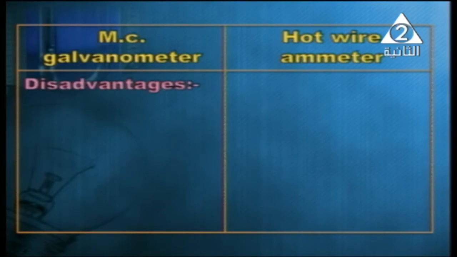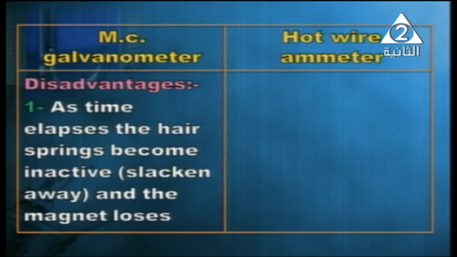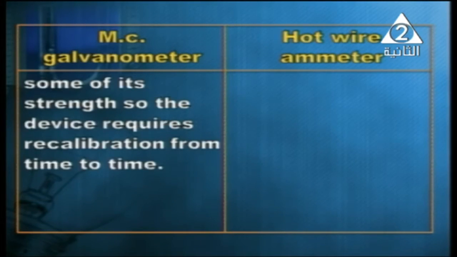Talking about disadvantages of each one of them, disadvantages of the moving coil galvanometer: as time elapses, the hair springs become inactive. They slacken away, and the magnet loses some of its strength, so the device requires recalibration from time to time.